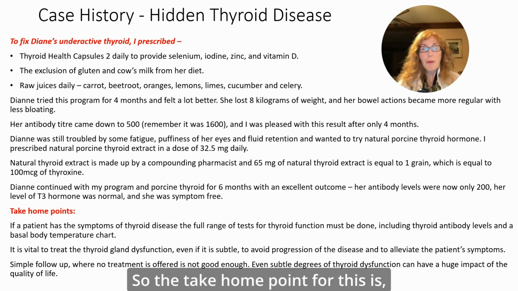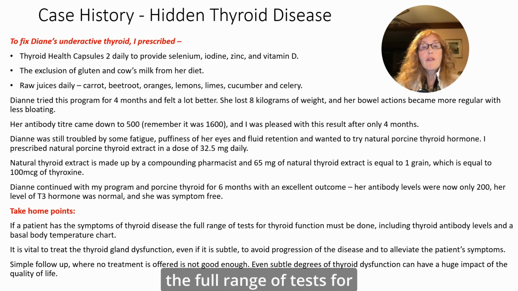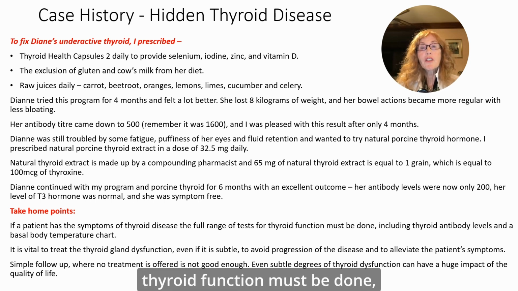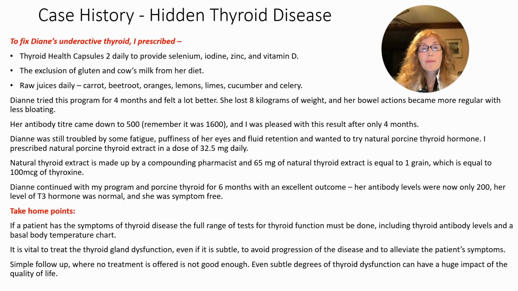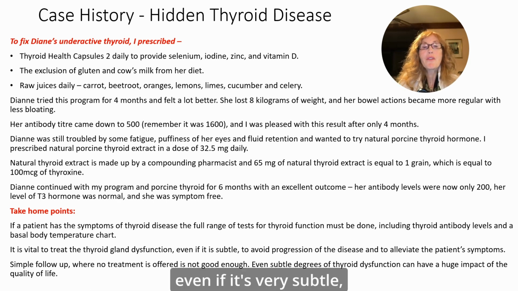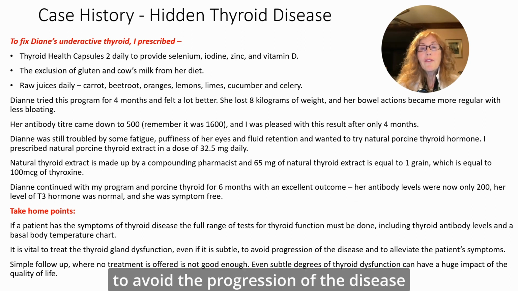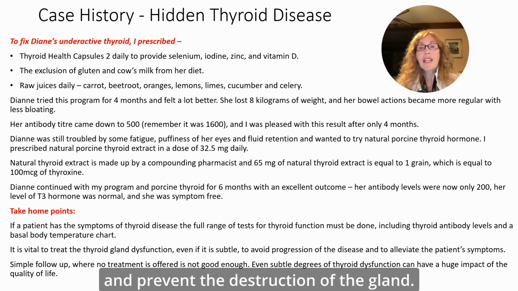So the take-home point for this is, if a patient has symptoms of thyroid disease, the full range of tests for thyroid function must be done, including the thyroid antibody levels and a basal body temperature chart. It is vital to treat thyroid gland dysfunction, even if it's very subtle, to avoid the progression of the disease and prevent the destruction of the gland.